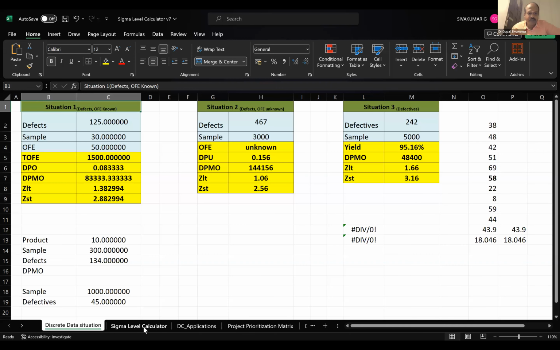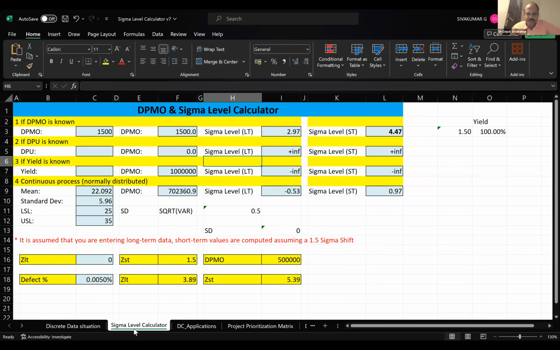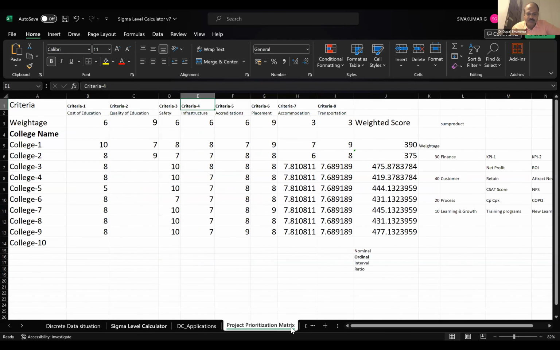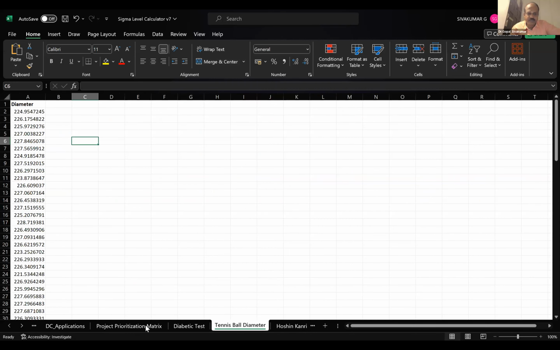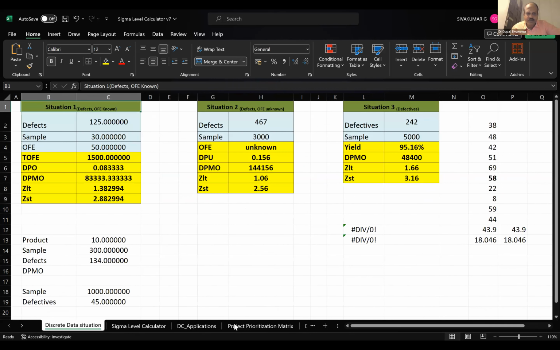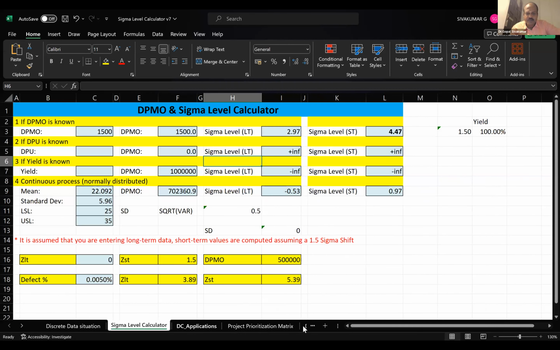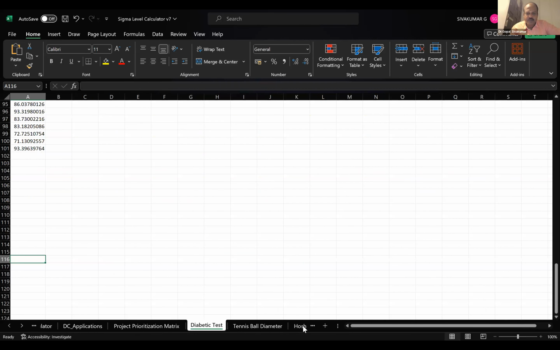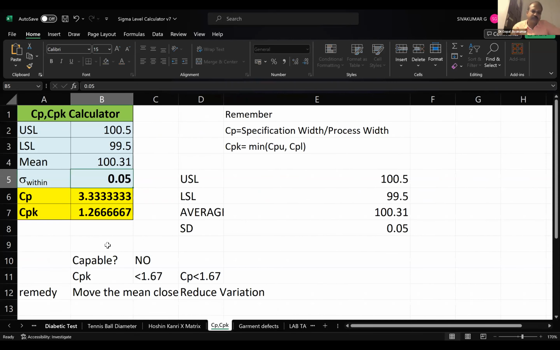I'll show you how to use the Cp/Cpk calculator. So this is the sigma level calculator. Where is the Cp/Cpk calculator? Here.